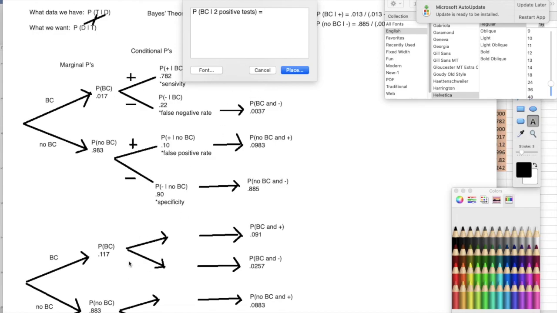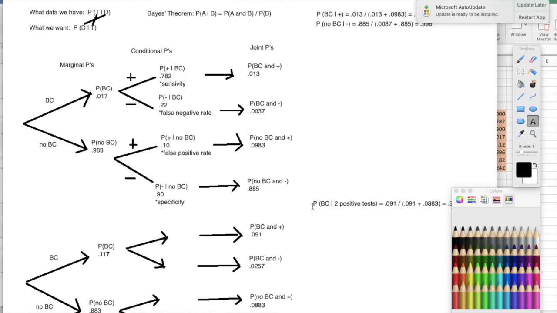These should have positive and negative. So that is 0.091, because that's this number right here, divided by all of the conditions that are positive, which will be this branch and this branch. So 0.091 plus this one, 0.0883, that equals 0.51. So now it's exactly what we found when we did our nomogram, was it not?